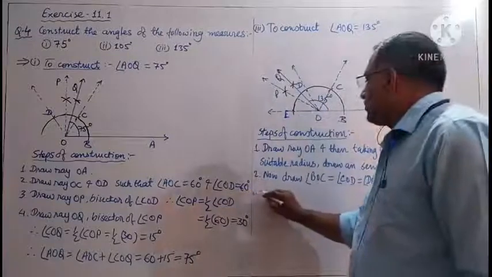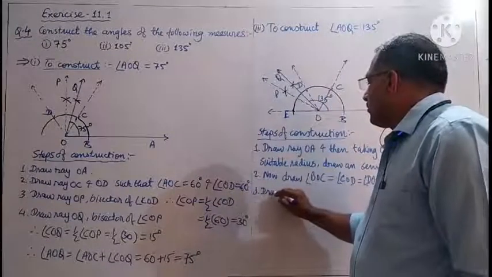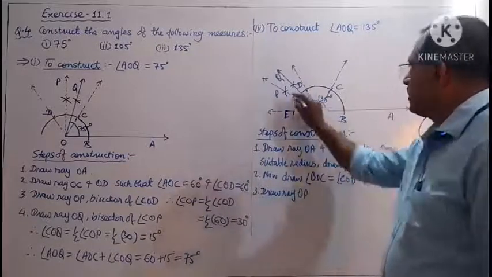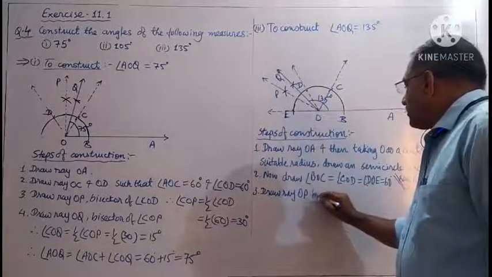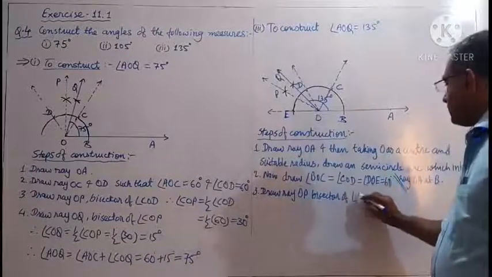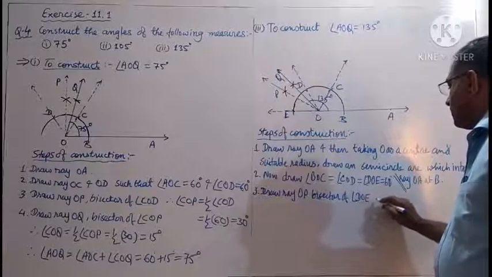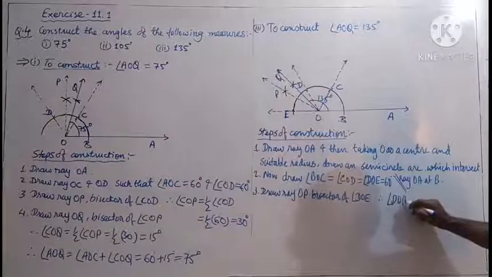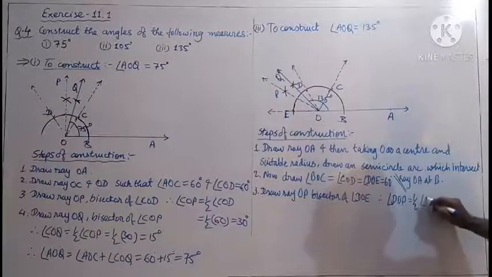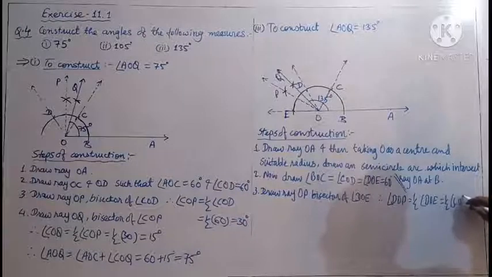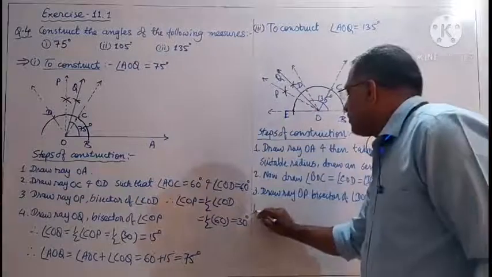So now draw ray OP, that is the bisector of angle DOE, and therefore angle DOP is half of angle DOE, that is half of 60, and that is 30 degrees.